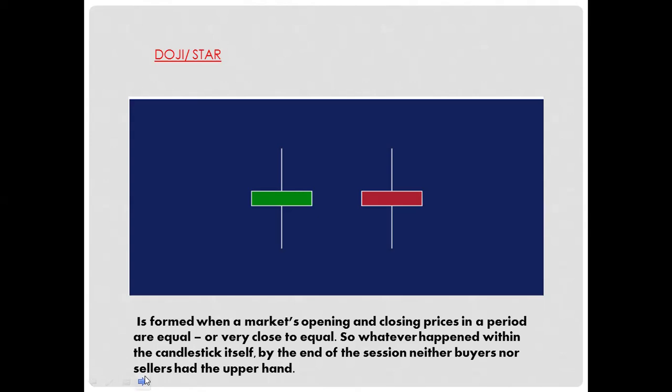The market makers are now in indecision. They have reached a price point where neither buyers nor sellers are taking control of the market. You know, there are 4 market phases: the consolidation phase, the expansion phase, the retracement phase, and the reversal phase.